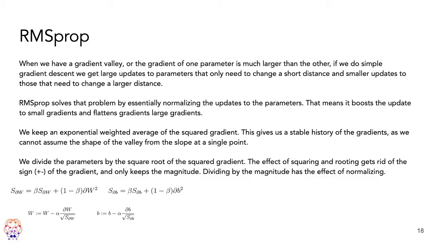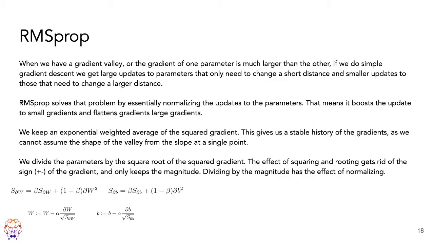And so when we put our dW squared into S and put it in here, we get the square root of the square of that, which turns into just dW. So you can think of it as dW over dW, which is equal to 1, right? Since that's 1, we essentially achieved a circle landscape because we are always updating by a similar amount in each direction.